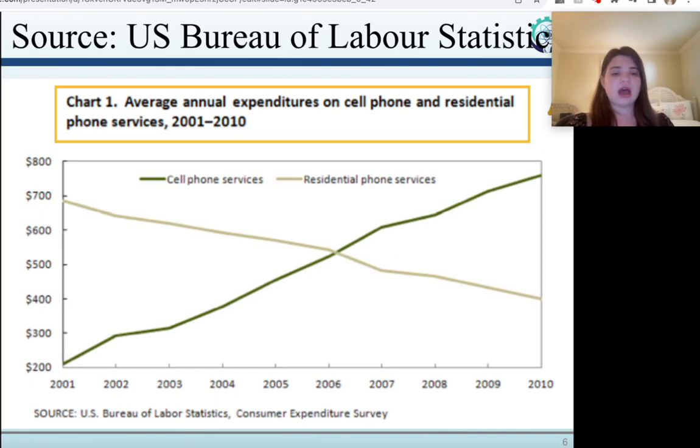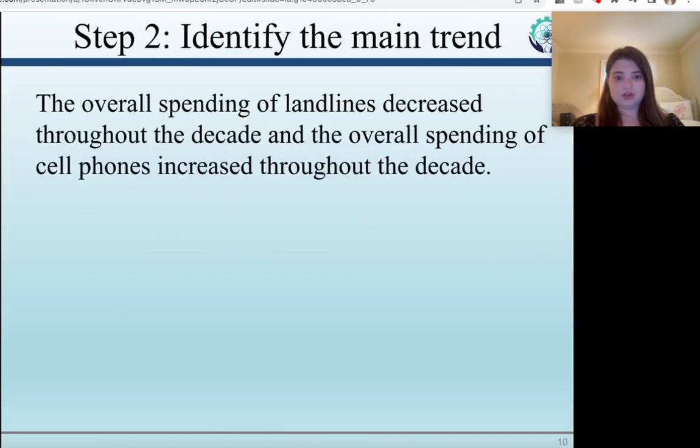It's about noticing specific trends and being able to talk about overall trends and the big picture and what's happening here. What can we say about this graph? Alrighty. Awesome. So there's example one. Let's move on to example two.